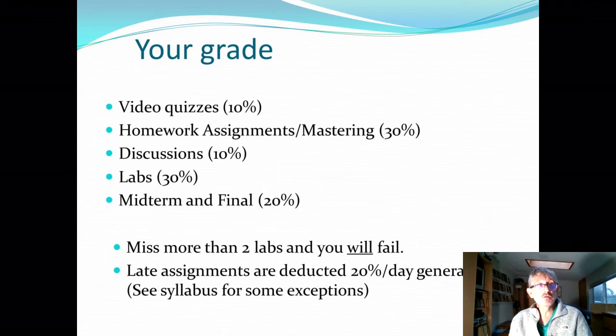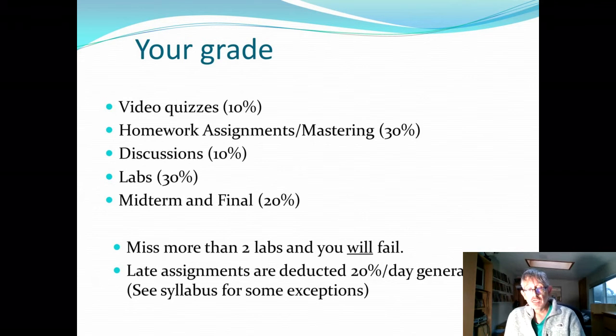Your grade is composed of several pieces. There will be quizzes on the videos that you watch, homework assignments in those Mastering classes, discussion, labs, and a midterm and final. I should make you aware that there is a requirement that you complete all the labs, and if you miss more than 2 labs by the Highline requirements, you will fail the course.